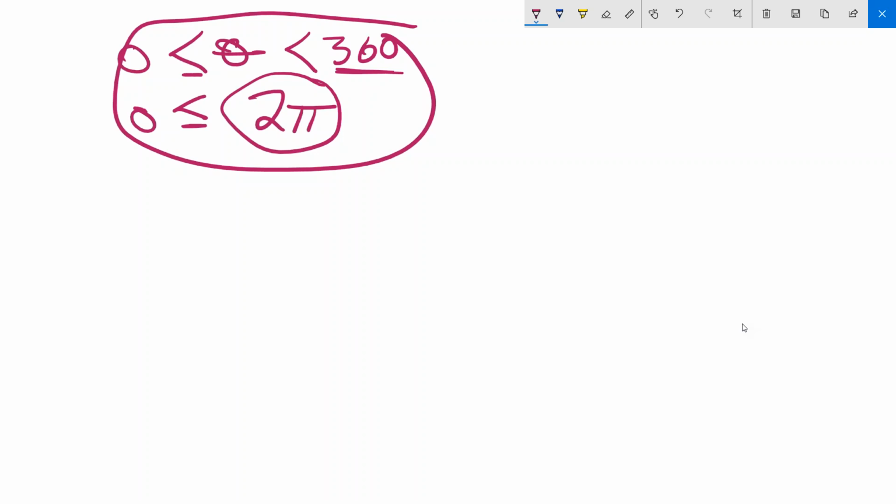Okay? So, we're looking at cotangent. So where would cotangent not be defined? What makes something not defined? What's the one thing in math that makes something not defined?